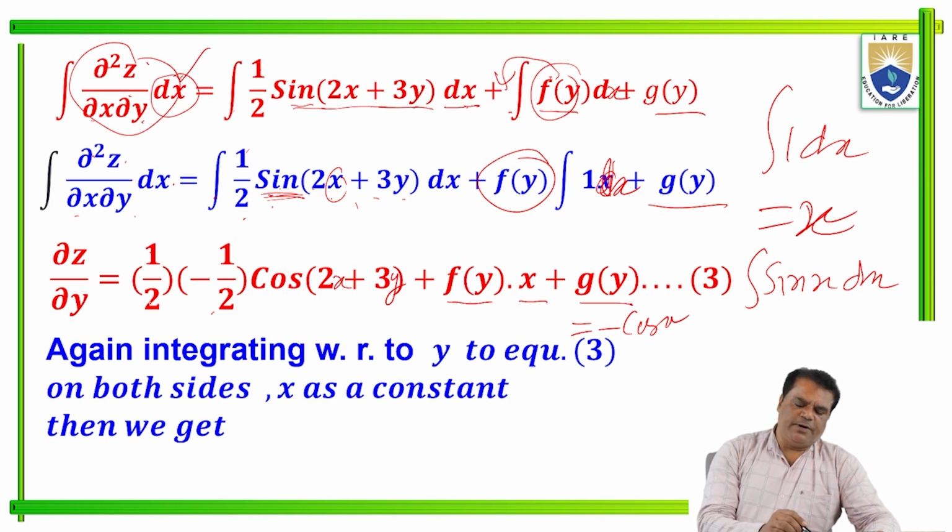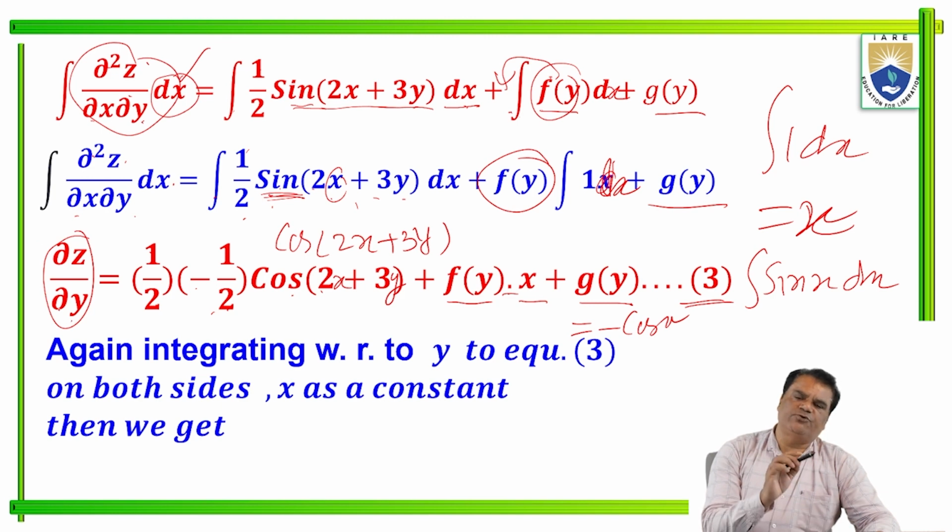So here is 1/2, minus 1/2 cos(2x+3y), plus f(y) into x plus g(y). This is equation 3.